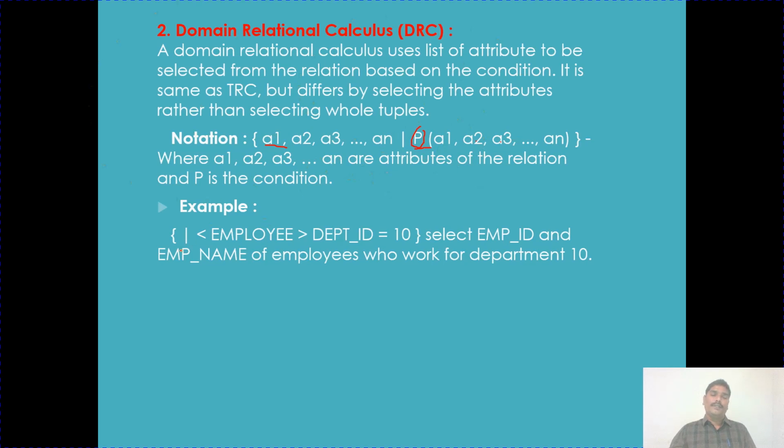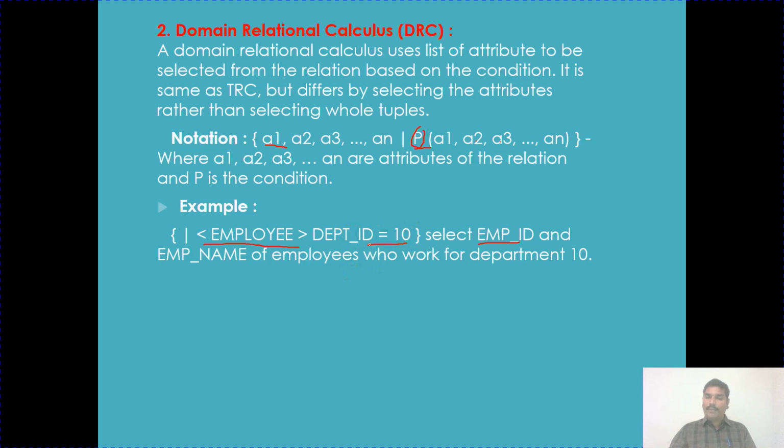So here is an example: employees of department 10. We are selecting the employee ID and employee name of employees who work for department 10. Here the condition is selecting the employee ID and name of the employee for those who work in department 10, only department 10 employees.